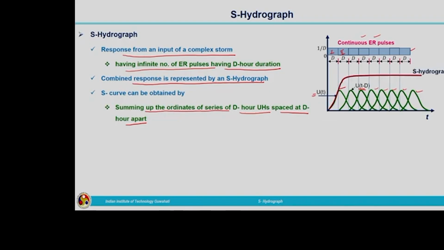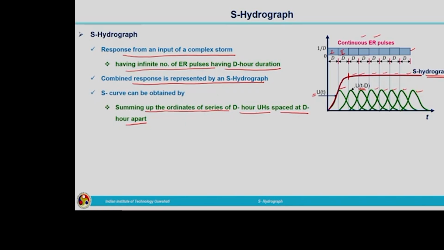It has a distorted S shape, that is why it is called the S-Hydrograph. When you look at this S-Hydrograph, you can see that after a certain time, from here, the ordinates are not changing. It is continuing at the same rate. So, the S-Hydrograph attains a constant discharge, or constant runoff value, or constant ordinate after a certain time.